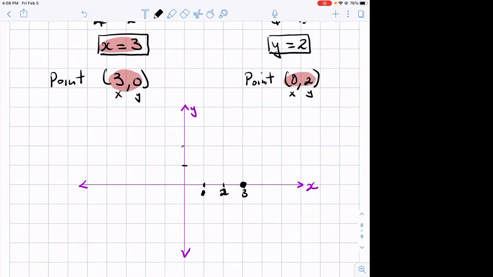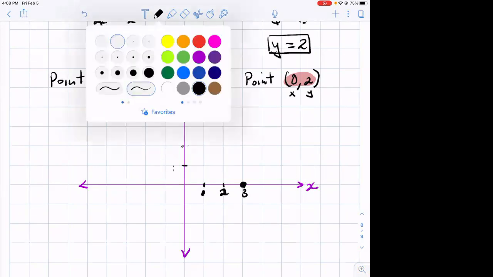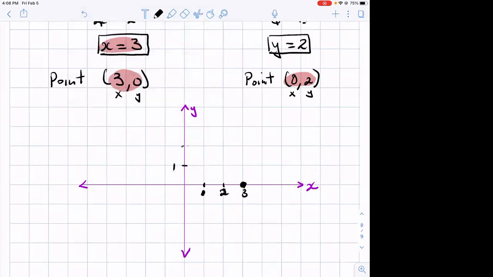Remember, for the next point, this is x and that's y. Always good to put some numbers on. x is 0, which is here, but y is 2. That's my point.